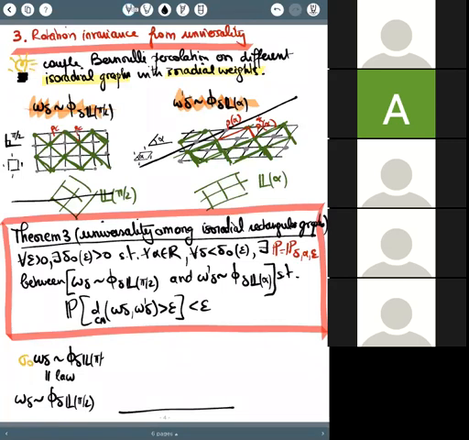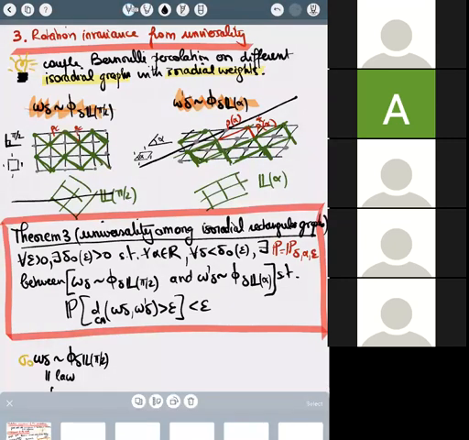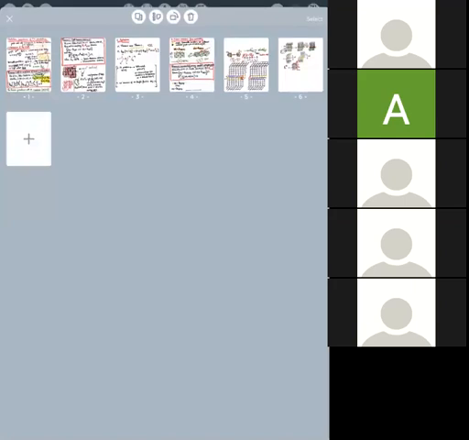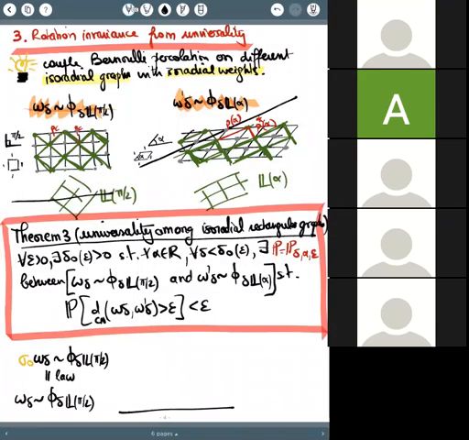But notice that this guy is approximately in law equal to sigma 0 of omega prime delta. Why?